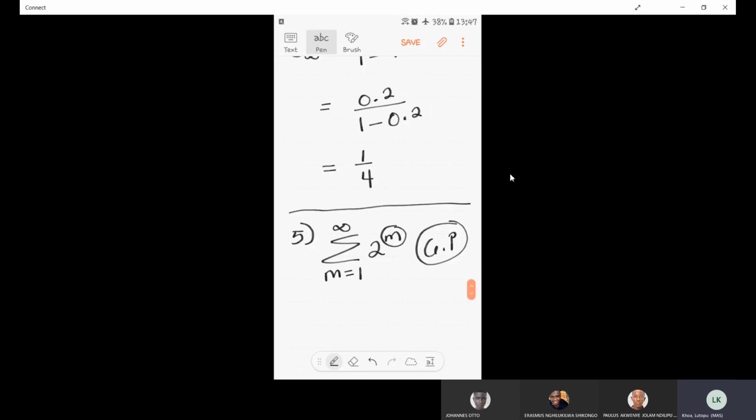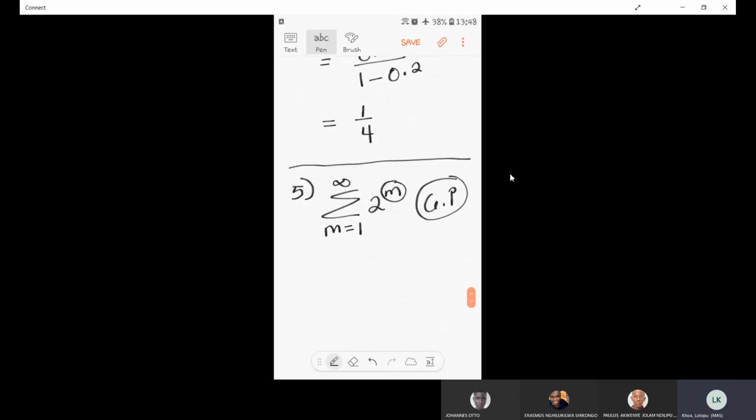Now here, I always need to test, does this sum to infinity exist or not? So my a, this is 2 to the power of 1 because that is my starting point. I substitute the starting point over there, and that is why I say a is equal to 2. Then r is just the base of that expression, and the base here is 2.